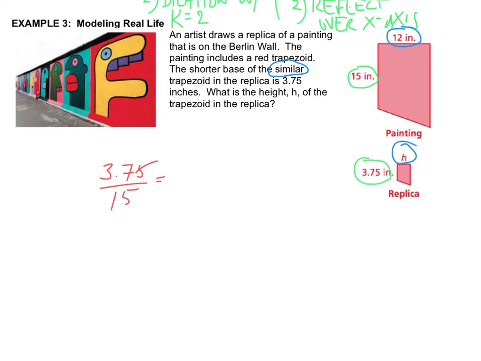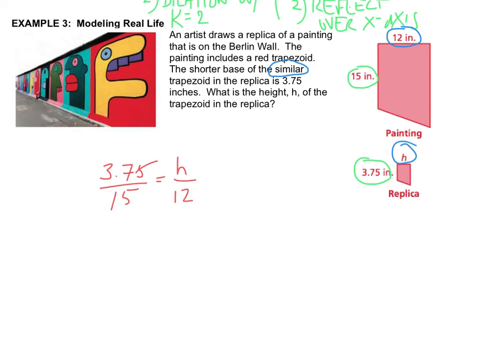So now I'm going to go back to my small trapezoid, and the one from that one is H. I don't know what that side is. That's the one we're looking to find. And the one that one corresponds to from the larger one is 12. So now I have my proportion set up.